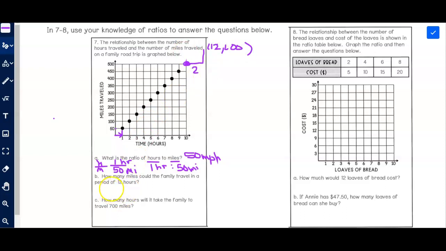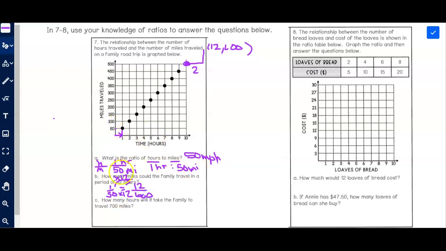I'd be at 600. So you can kind of use the graph if you wanted to make your prediction. But another way you could do it is you could say, hey, if 1 hour is 50, 12 hours, that's multiplying that by 12. And if you multiply 50 by 12, you'll get 600. Equivalent ratios.